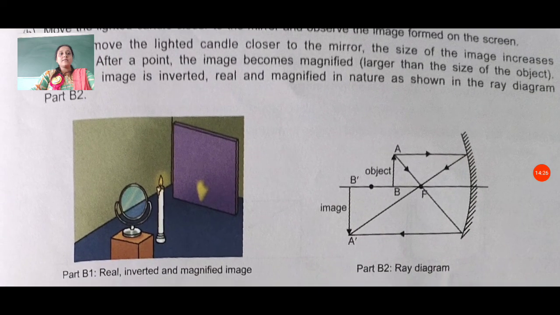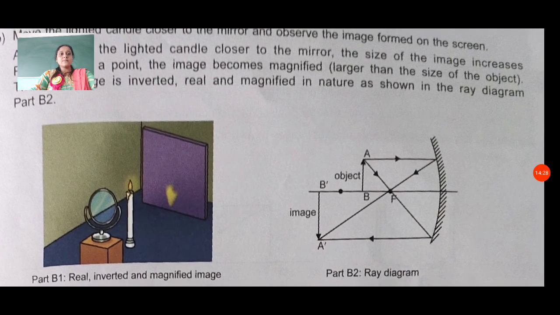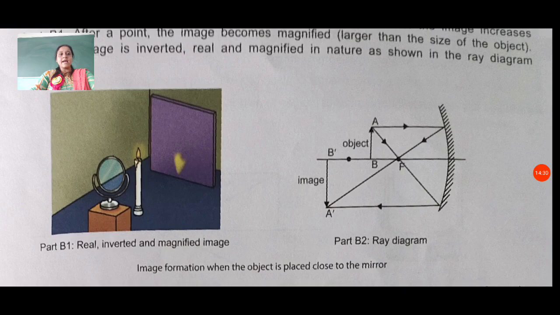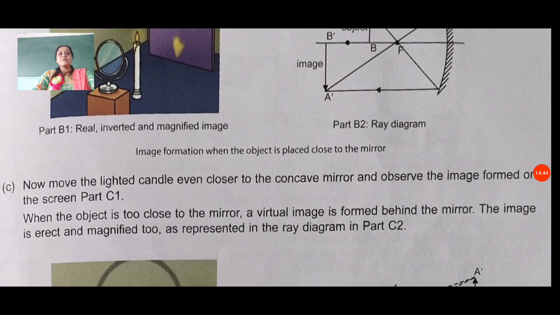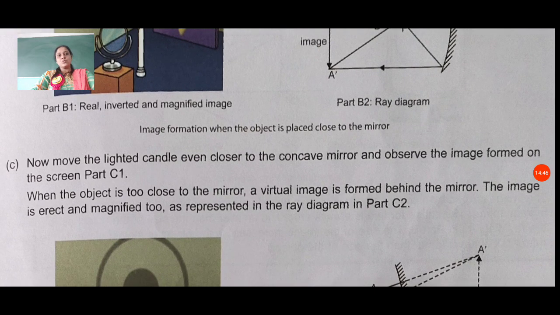After this process, they also create a ray diagram. You can see here in part B1: real, inverted and magnified image. Ray diagram: the object is now closer to the mirror. Image formation when the object is placed close to the mirror.